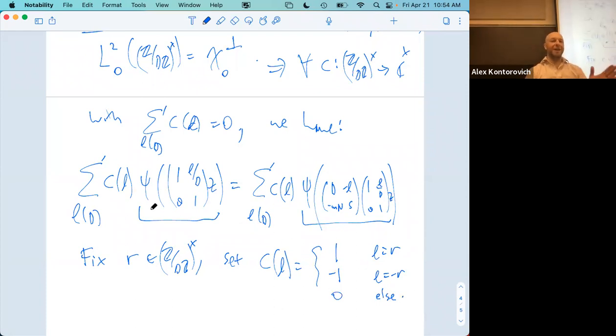That's as close as I can get to picking off one element. I want this true for every single value individually, but I only have it on average. The span of the primitive characters has mean 0. So the closest I can get to isolating a single element is to make it 1 on that element, -1 somewhere else so that it has mean 0, and 0 everywhere else.